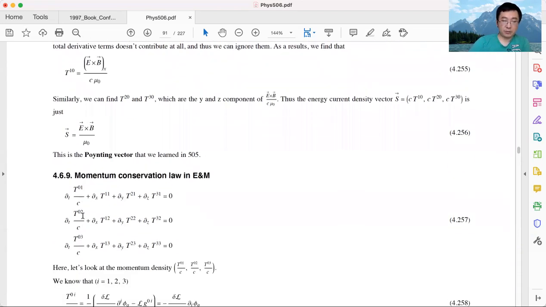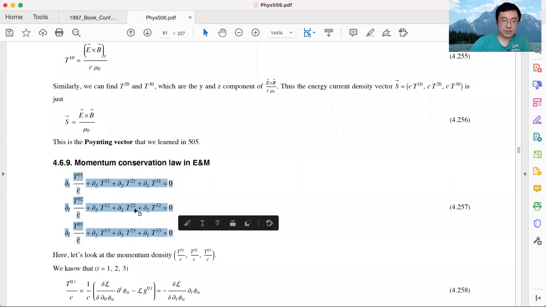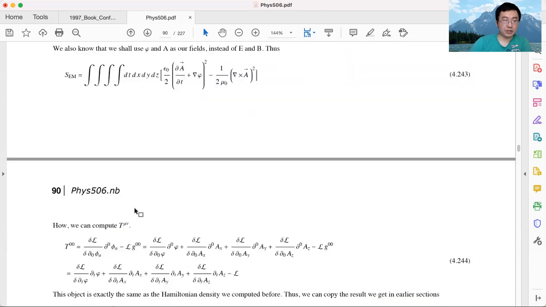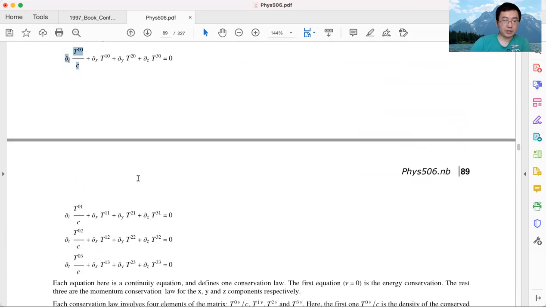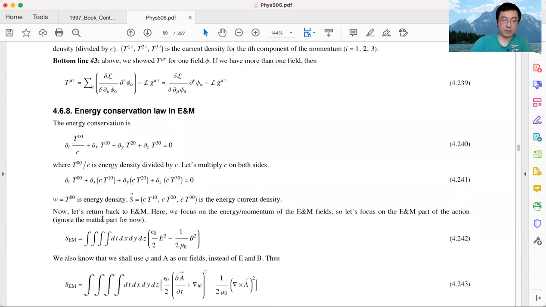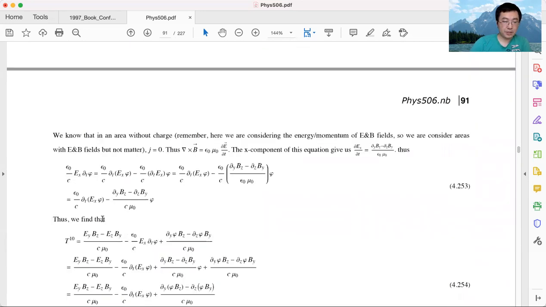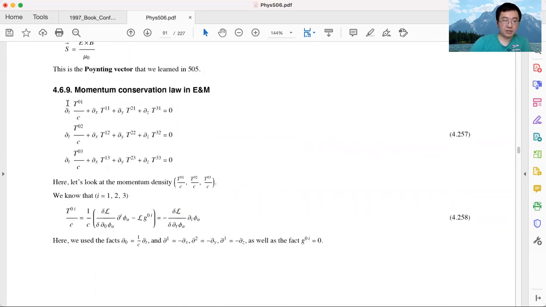And we can do the same thing for momentum. The momentum conservation law is the last three equations of the energy momentum tensor conservation law. We know that the energy momentum tensor conservation law has four components. We already looked at the first component, that's energy conservation. Here we will look at the next three components, that's px, py, pz conservation. Let's start from these three equations.